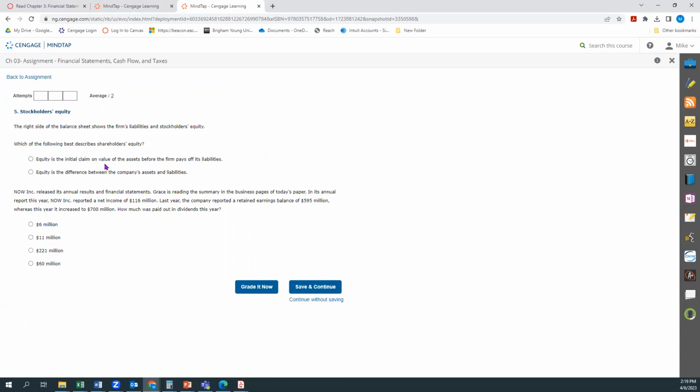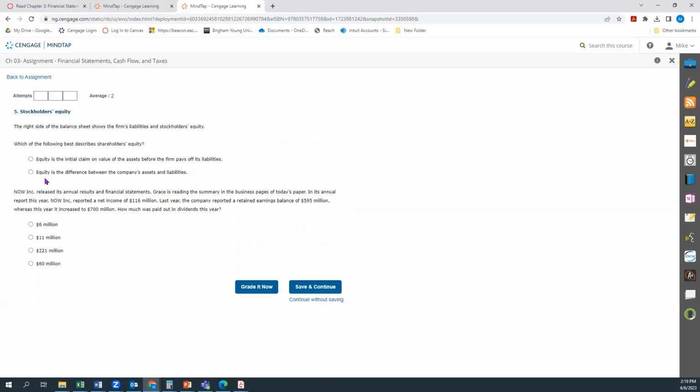Equity is the initial claim of value of the assets before the firm pays off its liabilities. Or equity is the difference between the company's assets and liabilities. And if we know assets equal liabilities plus equity, if we're good at algebra, we could figure out that that also means assets minus liabilities equals equity. So that's what that means.